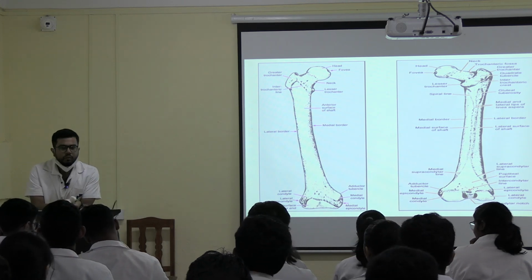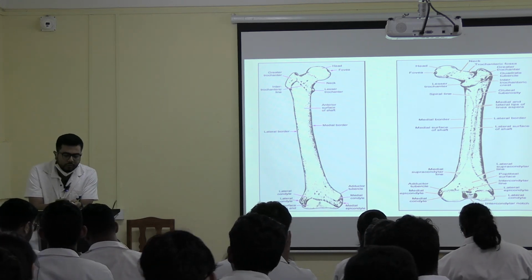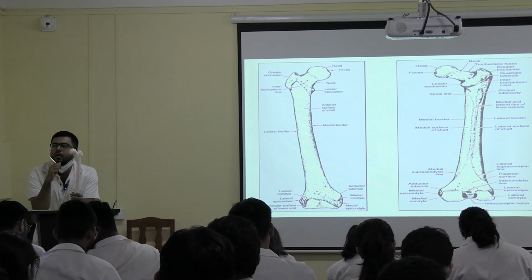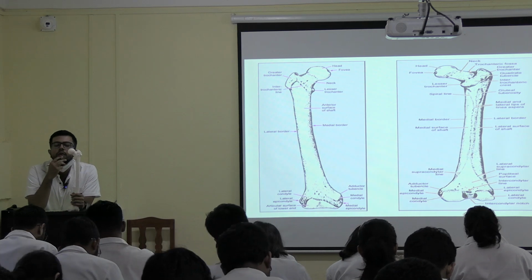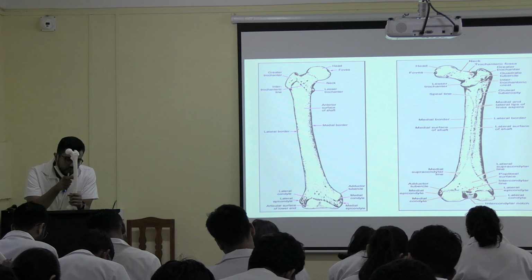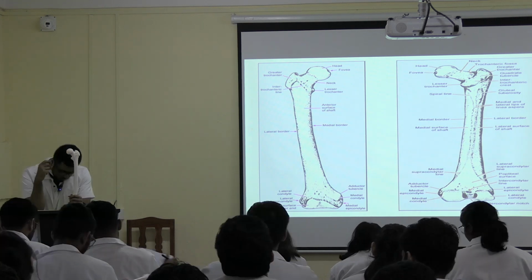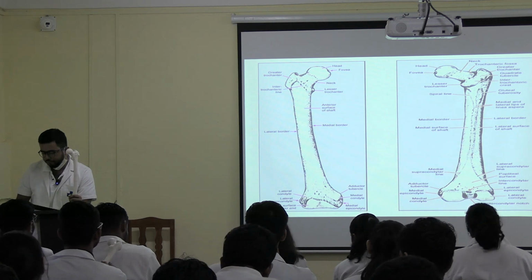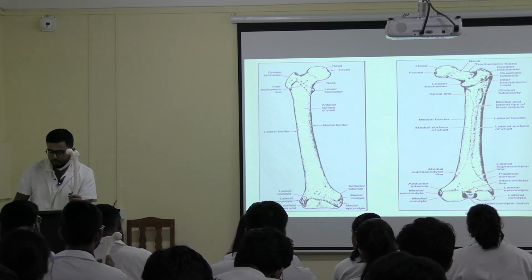Like every other bone, this is the femur. Write down, it has three parts: upper end, mid shaft, and lower end. The middle part is the shaft, the body, and then the lower end. So we will describe the upper end first. In the upper end, you can label or you can write.